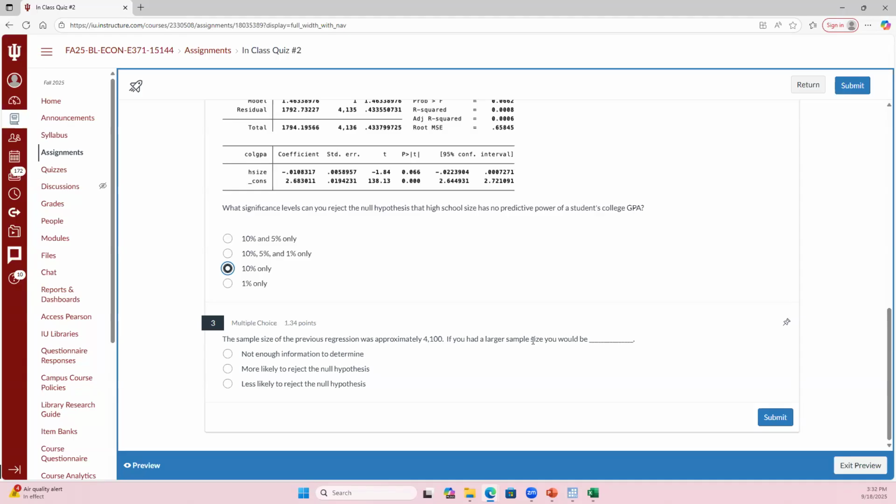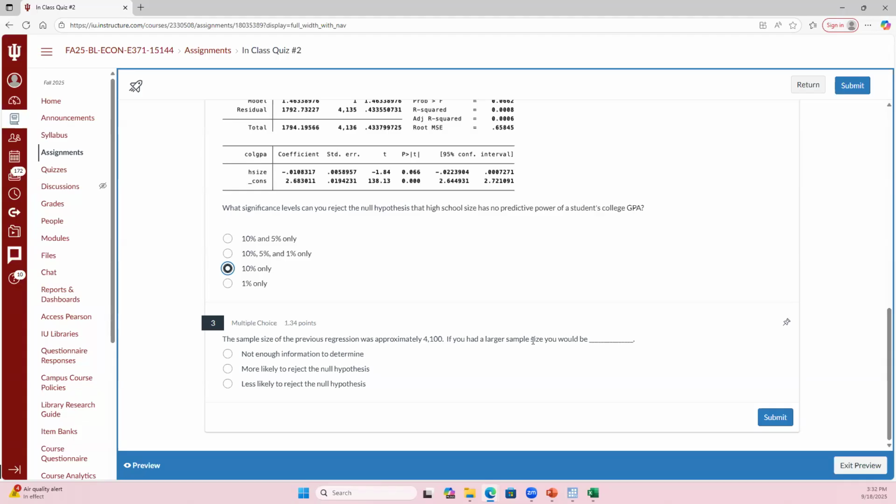We can think about it this way as well. If n is getting larger, what's happening to that standard deviation? It's going down. If this is going down, seeing the same sample mean, my test statistic is going to be higher, which means my p-value is going to be lower. Is it easier to reject something when my p-value is lower? Yeah, it's more likely to be less than those alpha values. Same thing applies here. Behind the scenes of this standard error, there's a sample size.